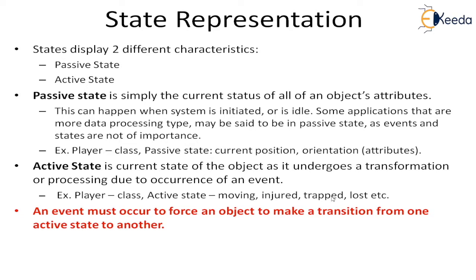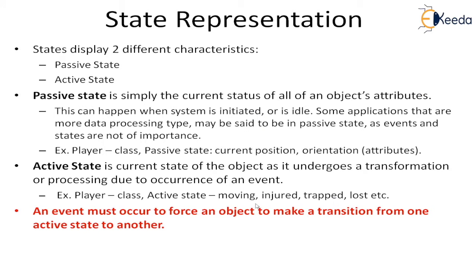Depending on the sequence of the events, these states may come. So it will change the state, and because it is changing the state, it is called an active state. An event must occur to force an object to make a transition from one active state to another. Unless the event comes, the object will remain in a passive state.